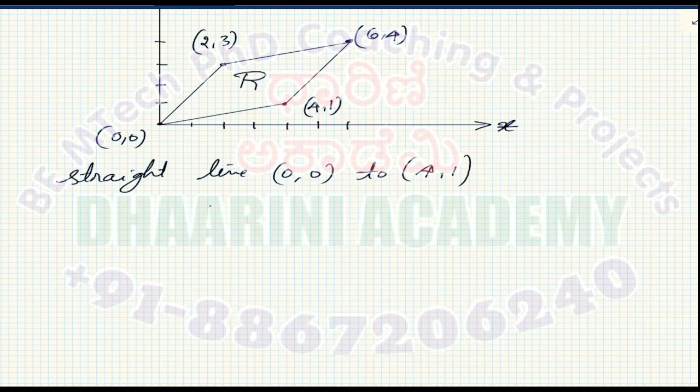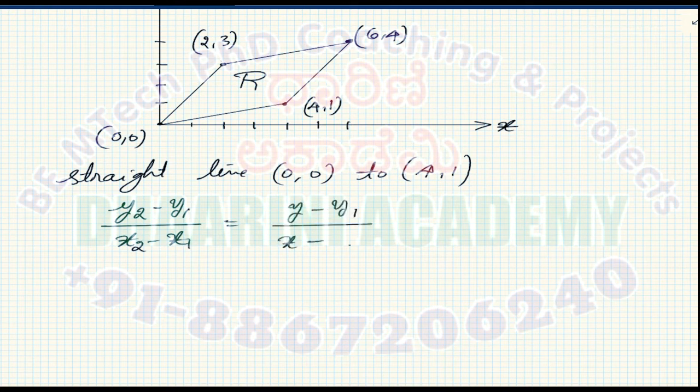Correct? You can use any form of straight line. I prefer using the two-point form, that is (y2 minus y1) divided by (x2 minus x1) is equal to (y minus y1) divided by (x minus x1), right? So x1, y1 is 0, 0, and x2, y2 is 4 comma 1.